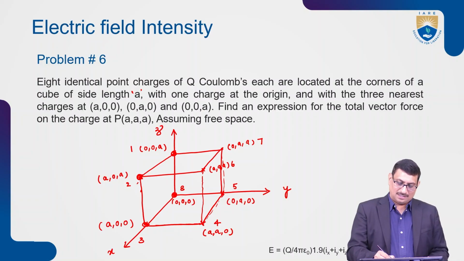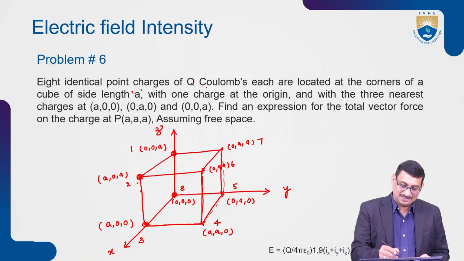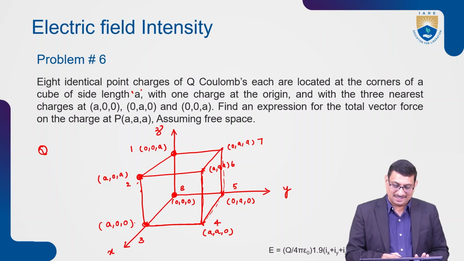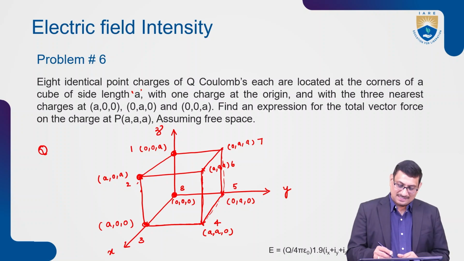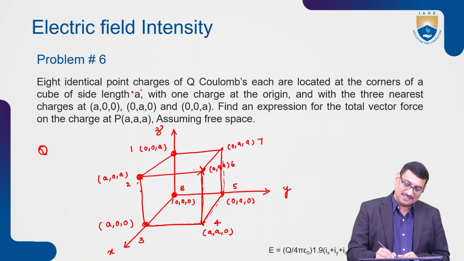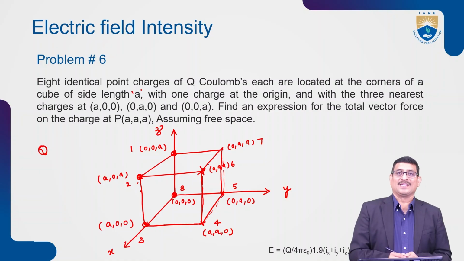So this is the cube, and each corner has a charge of q coulombs. We are asked to calculate the total vector force on the charge at a, a, a.